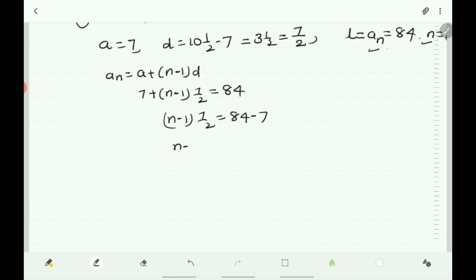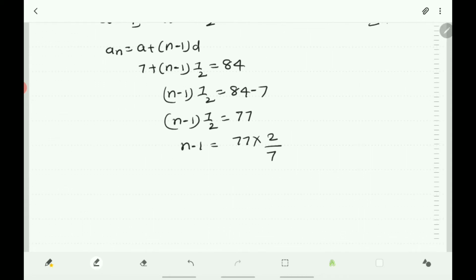Then N minus 1 into 7 by 2 is equal to 77. 84 minus 7 is 77. N minus 1 is equal to 77 into 2 by 7, if you transfer 7 by 2 to the RHS. So you can cancel, 7 1s are 7, 7 11s are 77. Therefore N minus 1 is equal to 11 2s are 22. Therefore N is equal to 22 plus 1, that is N is equal to 23.